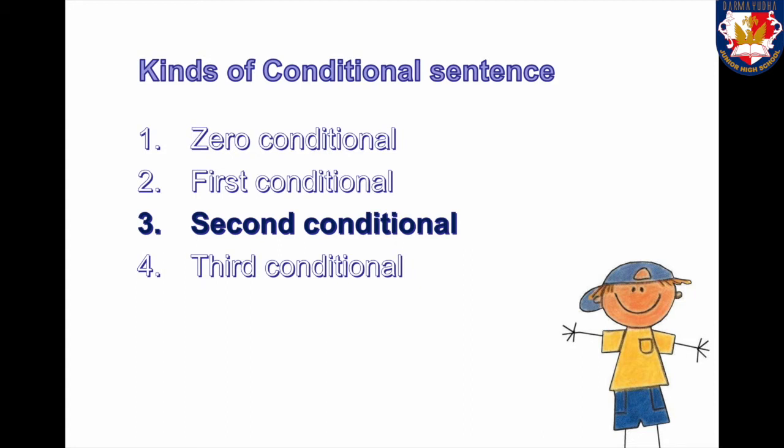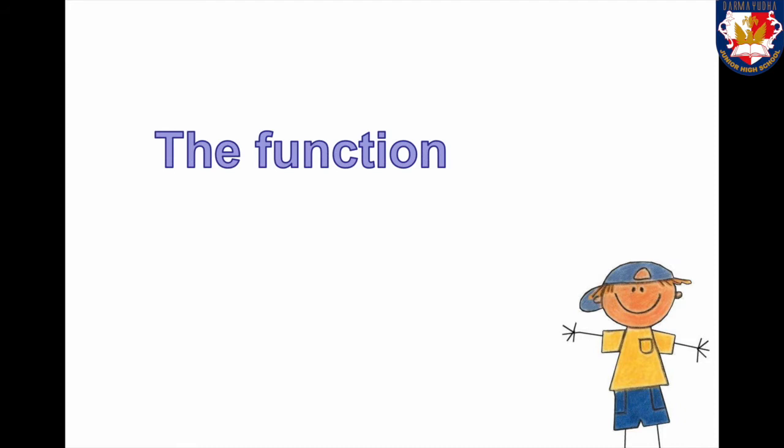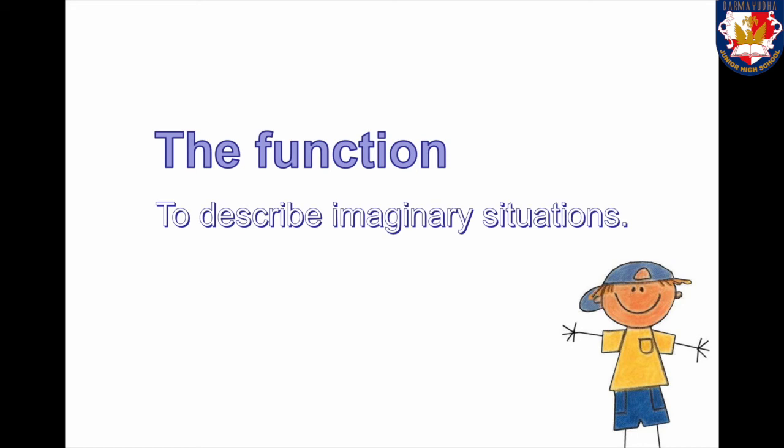But today, we are going to focus on the second conditional. The function of the second conditional itself is to describe imaginary situations, which means if you imagine something, you can use the second conditional to express it.